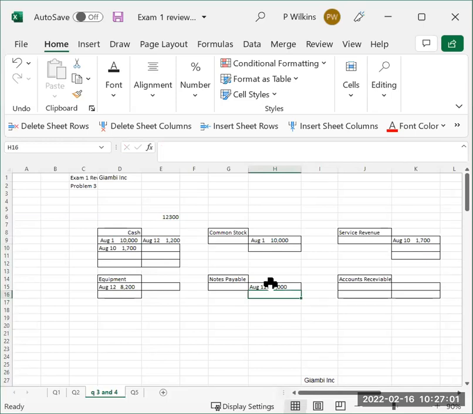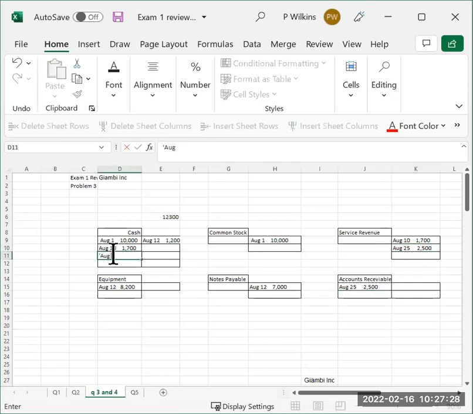Okay. Next entry is August 25th. There's a debit to accounts receivable for $2,500. So we would go to accounts receivable, August 25th, and we would debit it $2,500. And then we see it's a credit to service revenue for $2,500. We would then go to the next entry. We see a debit to cash.